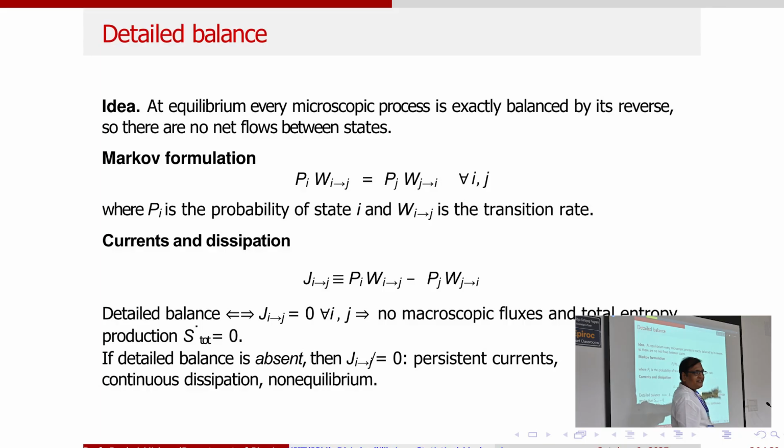This is the detailed balance condition. The difference of these two is called the current and dissipation. If this J_ij is 0, then we say that the detailed balance condition is satisfied. If it is non-zero, then we have a persistent current and we are in a non-equilibrium situation.